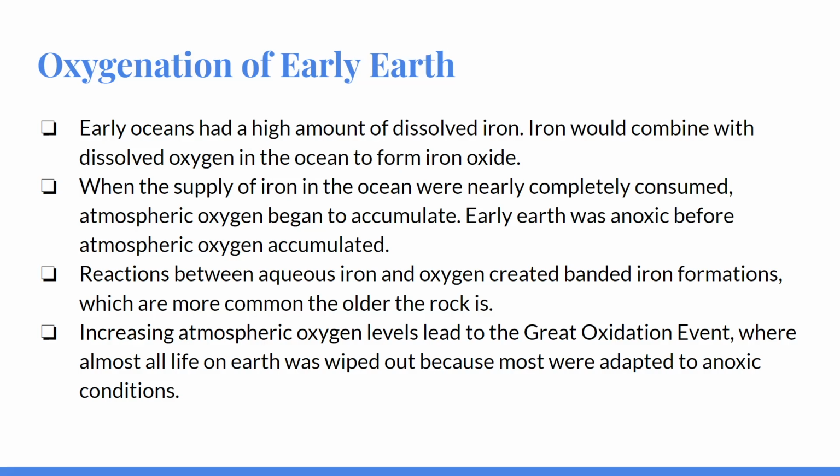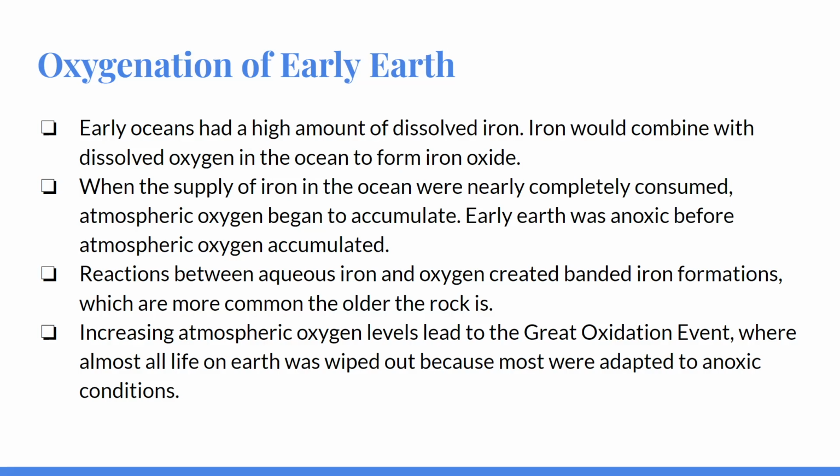So oxygenation of the early Earth. Early Earth oceans had a lot of liquid iron, and that iron would combine with dissolved oxygen to form iron oxide. And when the supply of iron in the ocean was nearly completely consumed, atmospheric oxygen began to accumulate.